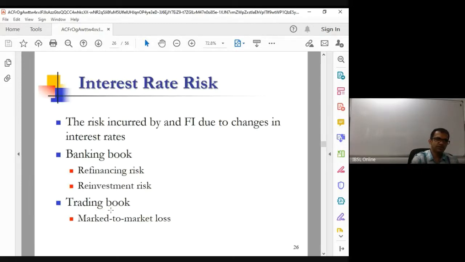Trading book, those are the assets that you have purchased with the intention to do trading. That means buy and sell to make a profit. Basically, most of the assets created in the treasury fall into the trading book.